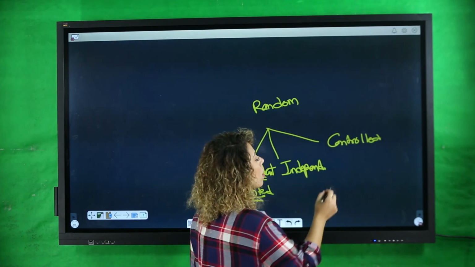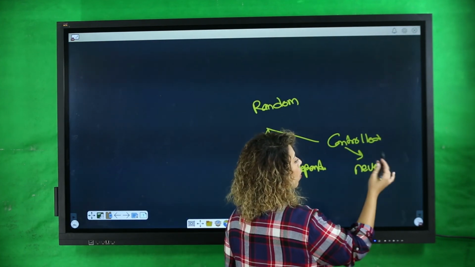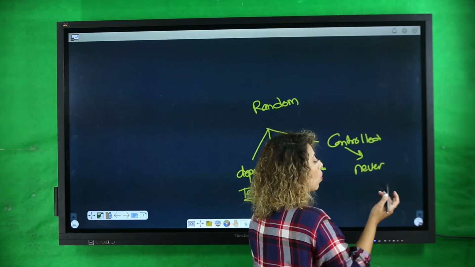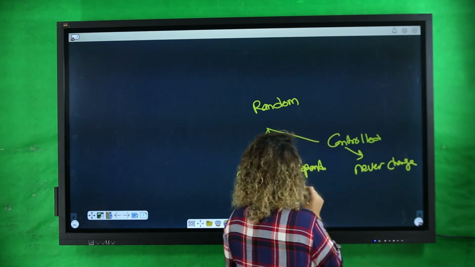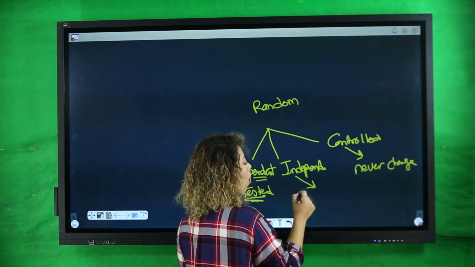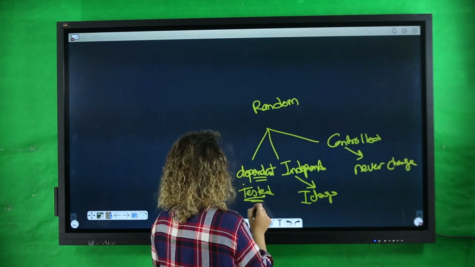The controlled is what never changes throughout the sample, or throughout the experiment, or throughout what I'm trying to test. Never change. And the independent is the one that I change. The dependent is what I test.